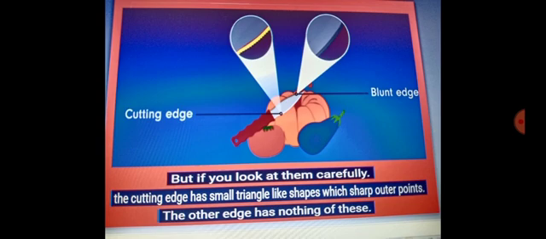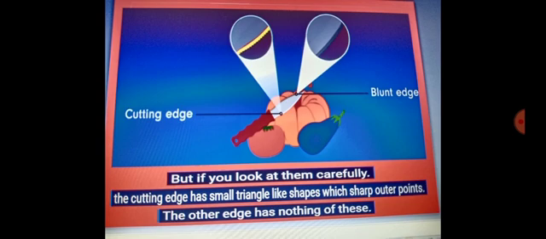Well, at first sight, the two edges might look the same to us. But if you look at them carefully, the cutting edge has smaller triangle-like shapes, which are sharp outer points. The other edge has nothing of these. You can see the close-up of the cutting edge and the blunt edge of the knife. On the cutting edge you see teeth-like structures up and down, and the blunt knife does not have these.